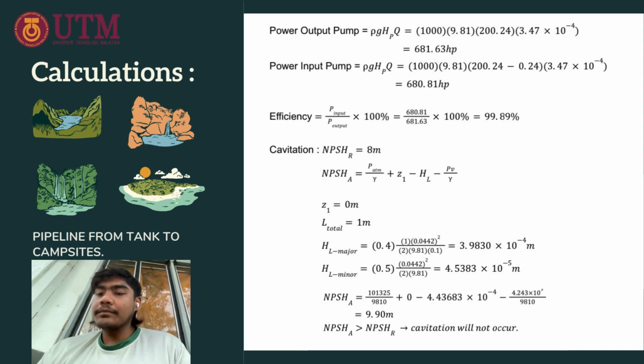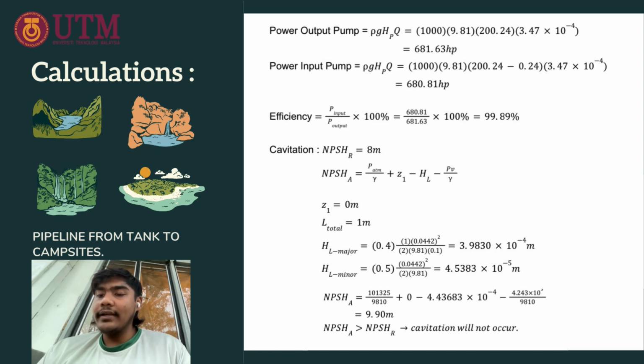PV over gamma. So our Z1 is 0 because there is no elevation at the pump, and our HL total is 1 meter from the tank to the pump, and our HL major equal to 0. Our HL major after we calculate we got 3.9830 times 10 power of negative 4 meter.